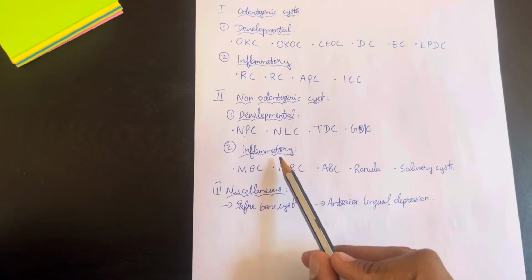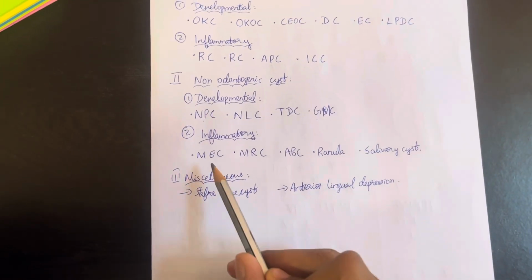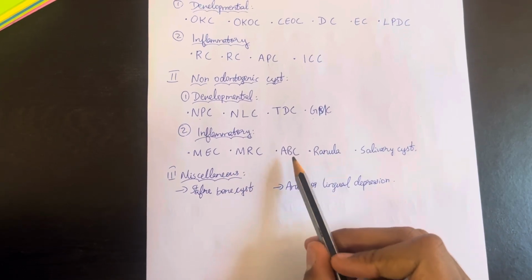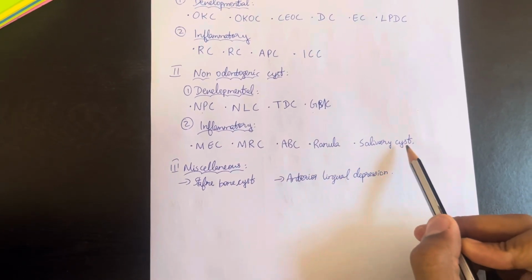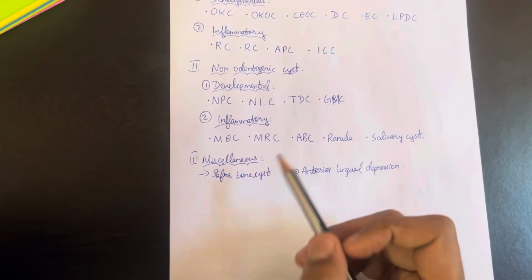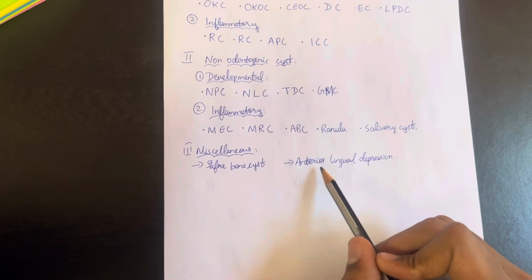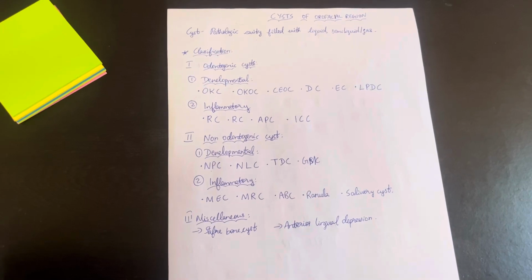Now from the inflammatory origin, we have mucus extravasation cyst, mucus retention cyst, and aneurysmal bone cyst, ranula, and salivary cyst. In the miscellaneous classification, we have Stafne bone cyst and anterior lingual depression. This is all about the classification of cysts in the orofacial region.